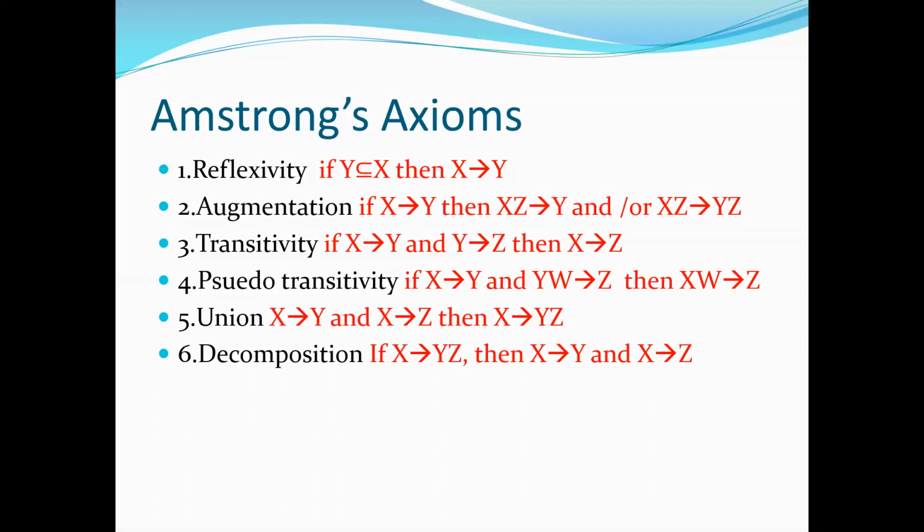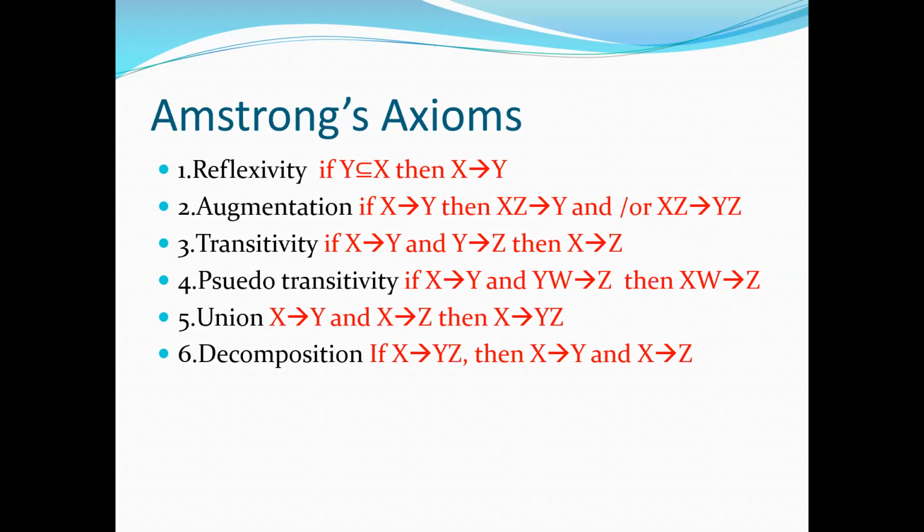Second rule is augmentation. If x functionally determines y, then xz can functionally determine y, or xz can functionally determine yz. Third one is transitivity. If x functionally determines y and y functionally determines z, then x can functionally determine z. Fourth one, pseudo-transitivity rule.